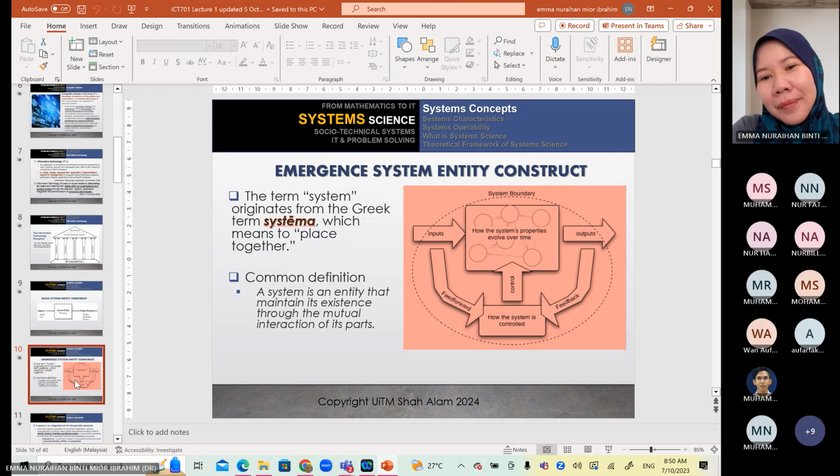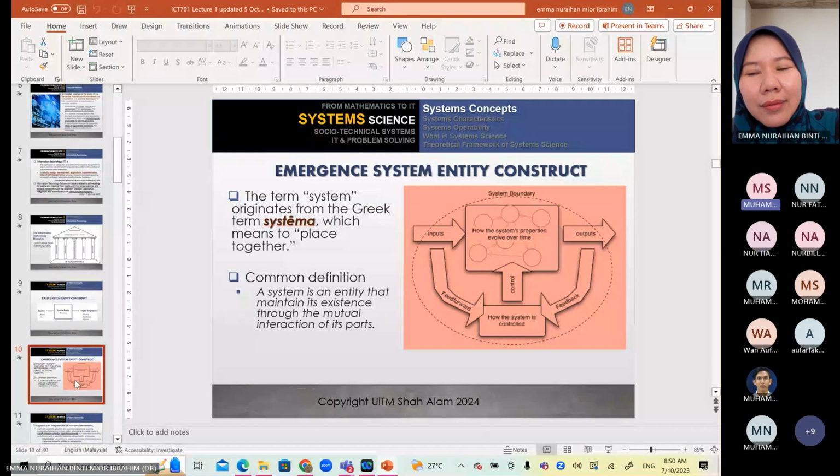What is the input when we talk about a university? What is the input of a university? Come on, can't answer this test. What is the input of a university? To provide research and development.